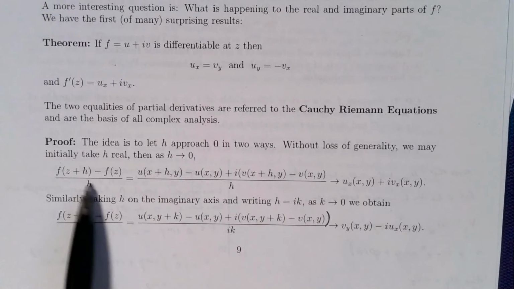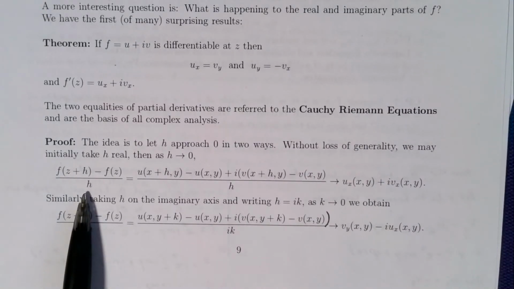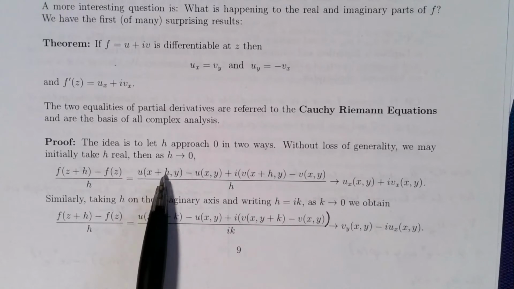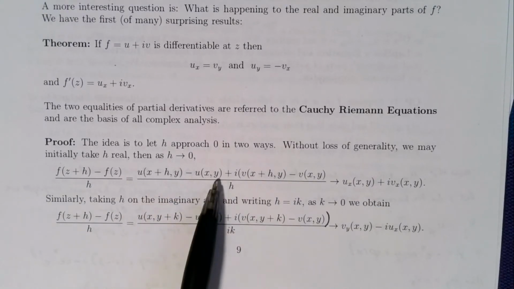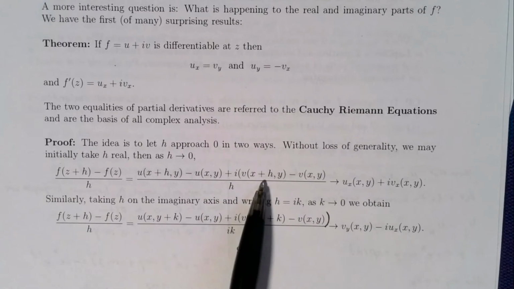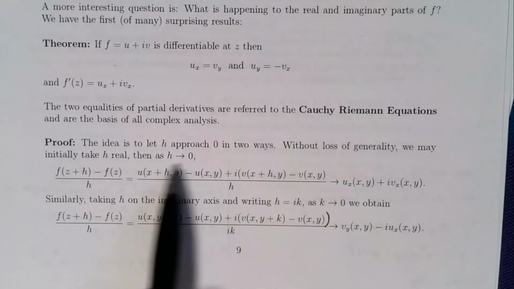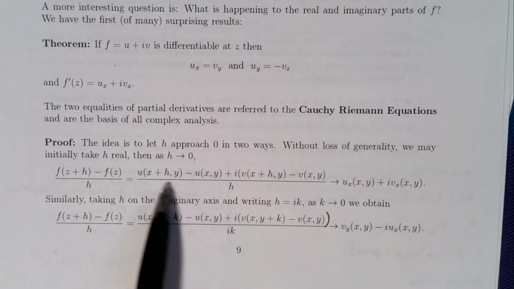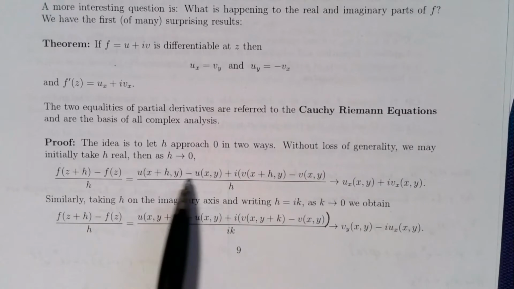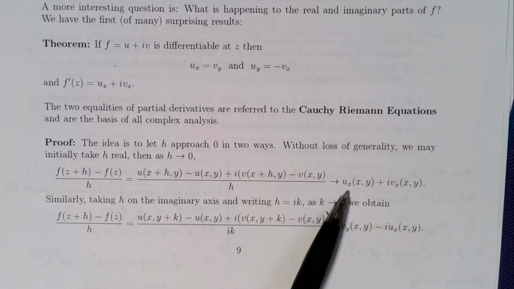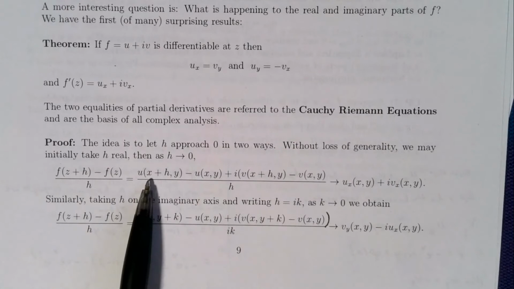So here's the difference quotient, f of z plus h minus f of z over h. I'm going to split this up now into its real and imaginary parts, so I get u of x plus h, y minus u of x, y plus i times the v's, and still dividing by h. Now we're thinking of h here as real, and so at this point this difference quotient here is real, and if I let h go to 0 on this one, then that will give me the partial derivative of u with respect to x.